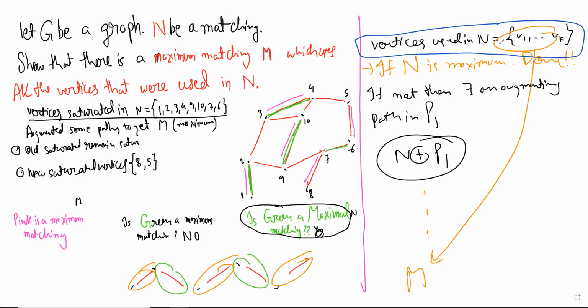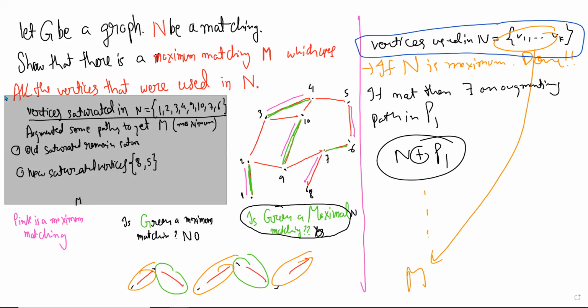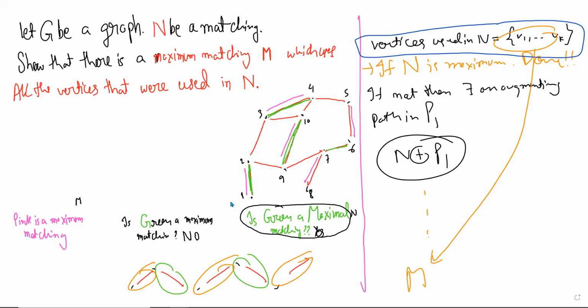And if this set of saturated vertices, those vertices that are used in this matching n, is maximal, then the matching is maximum. Right? That is essentially what this theorem is saying.